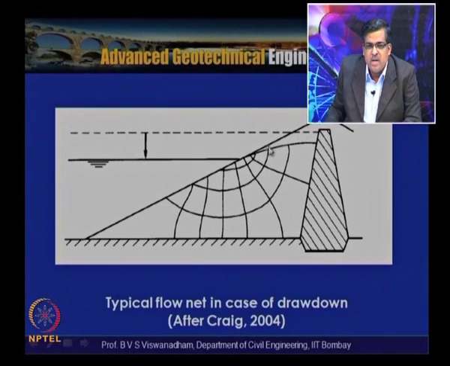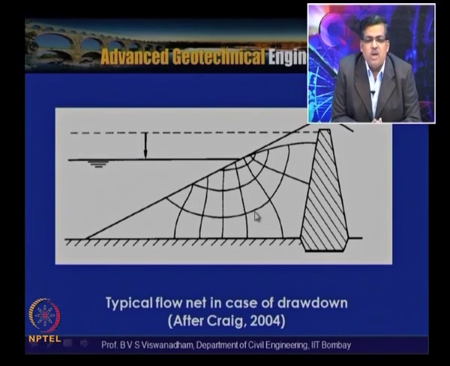You can see that these are the flow lines, the flow channels, and these are the equipotentials. This is the impervious surface, so it is assumed that the water will not penetrate through this impervious stratum. So the typical flow net in the case of a drawdown condition is given.